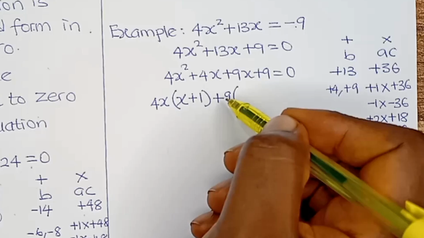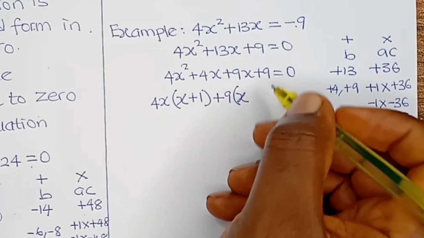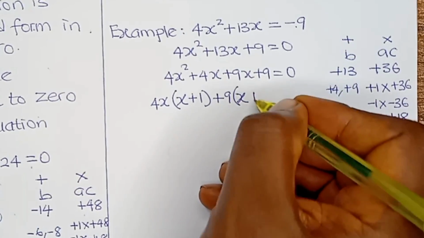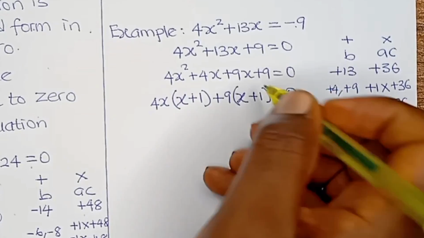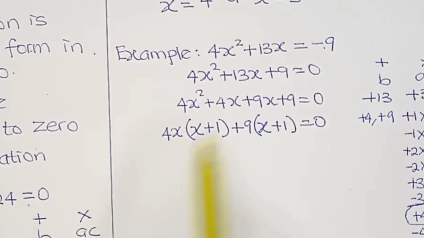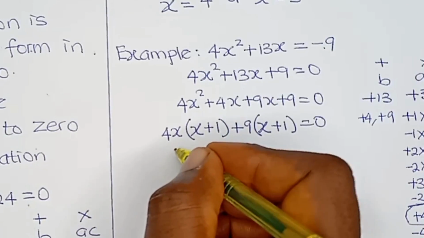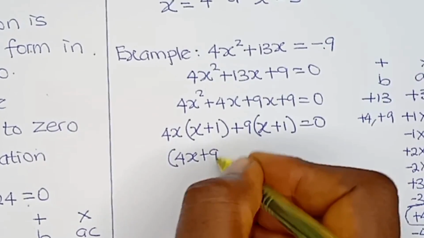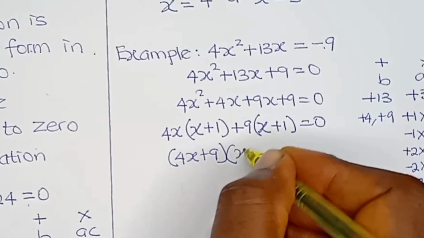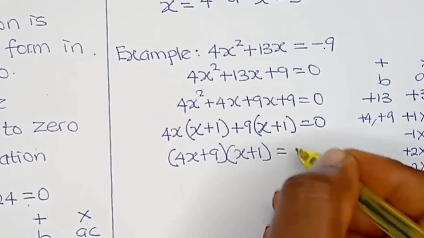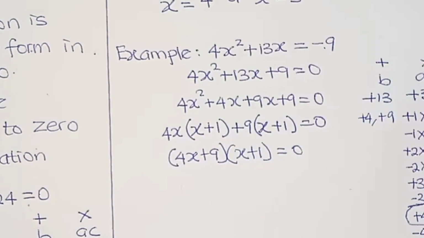Plus 9x divided by plus 9 will give us x, and plus 9 divided by plus 9 will give us plus 1. It's equal to 0. Okay, so bringing what we have outside the bracket into one bracket, we have 4x plus 9, and then x plus 1 is equal to 0. So we've done the second step.